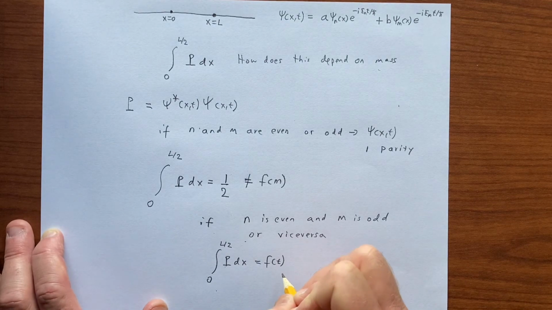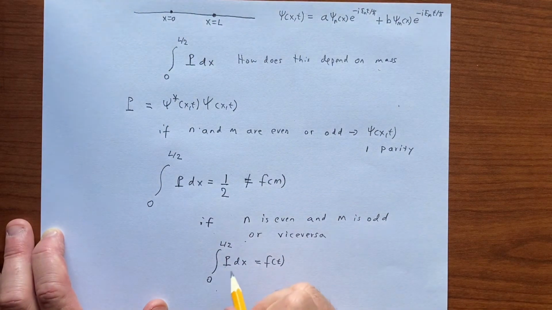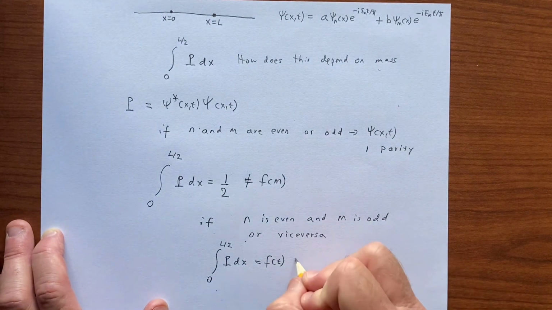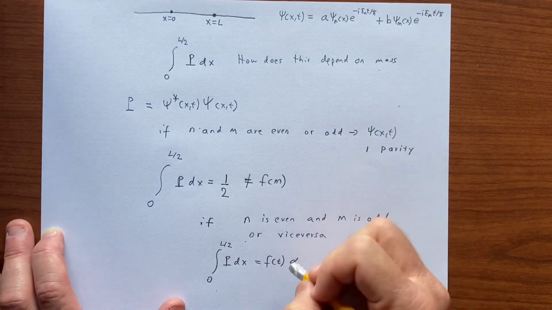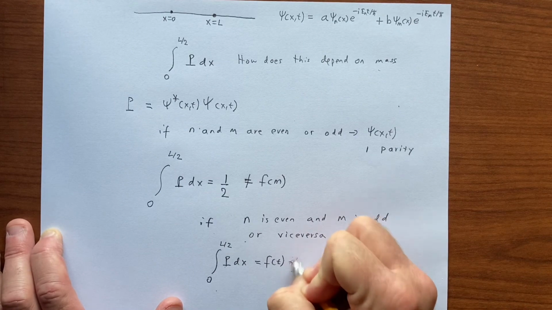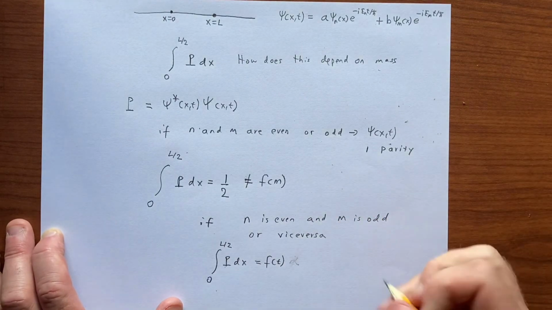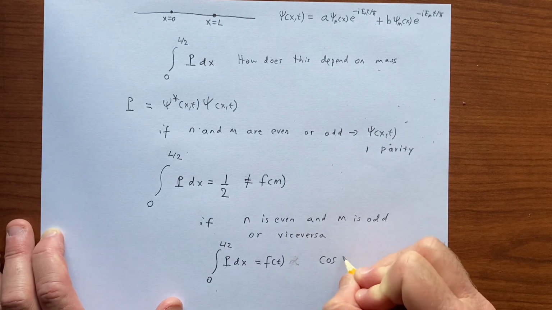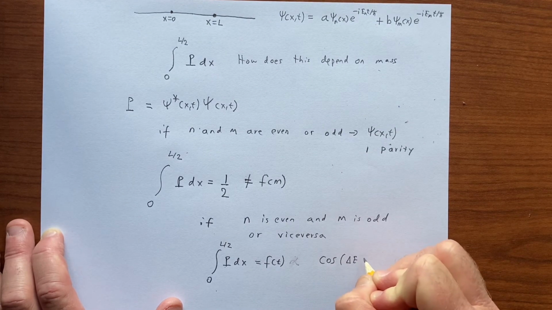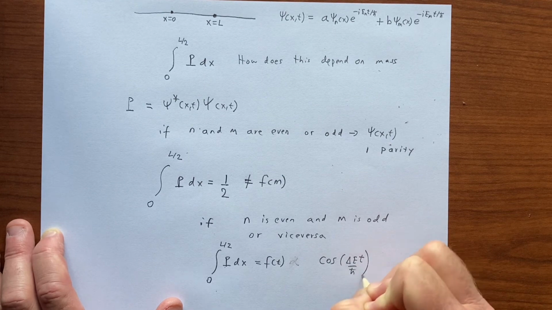We know how to find that. There are two terms that don't involve time, and then there's the third term, which is the interference term that has the time dependent part. It's a third term that looks like cosine of the energy difference times t over h bar.